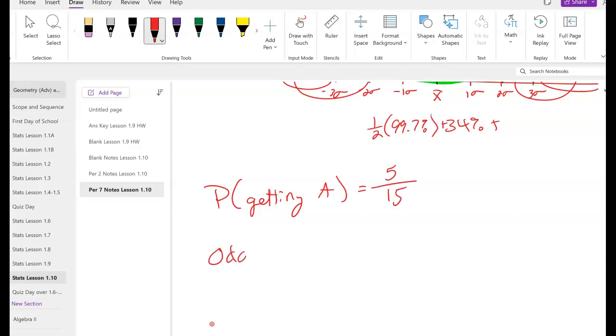What's the odds of getting an A? It's how many that are good to how many that don't happen. That's now wrong. Why is that one wrong? Because it still needs to be reduced to what? 1 to 2. The odds of getting an A would still be 1 to 2.